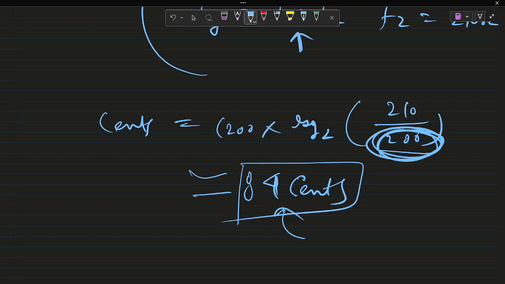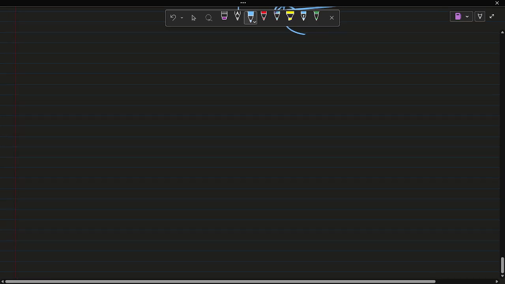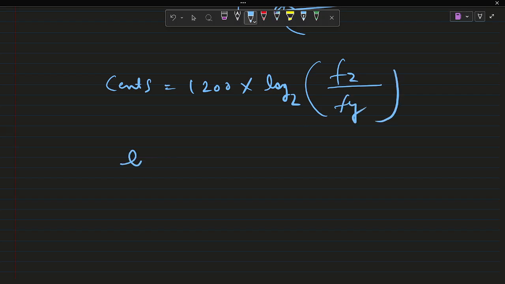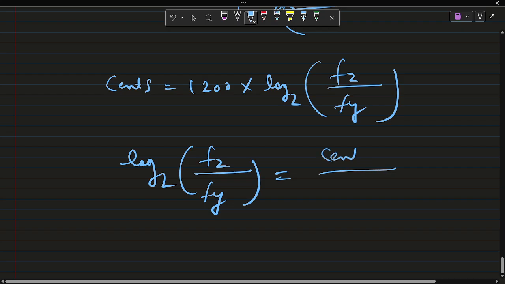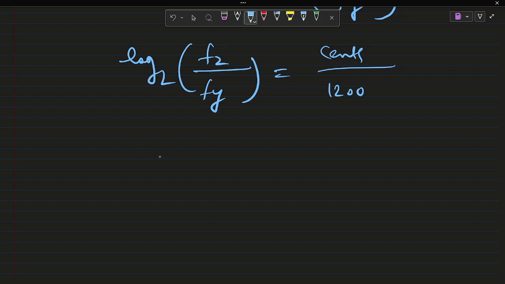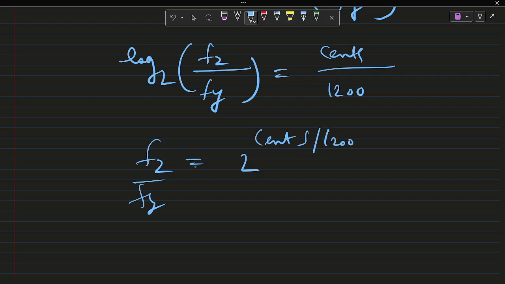Now, the last thing. From this formula, we have cents equals 1200 into log base 2 fz by fy. If you do some calculation here, this will be cents by 1200, and fz by fy will be 2 power cents by 1200.